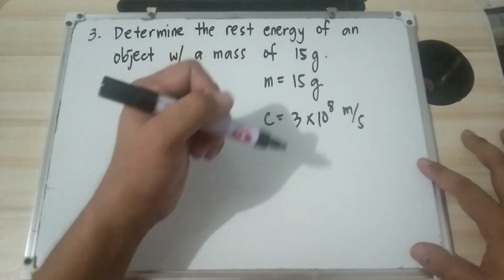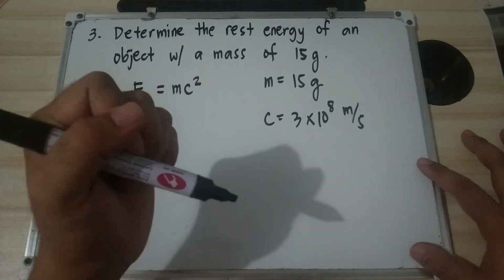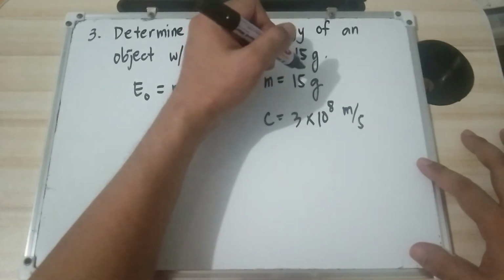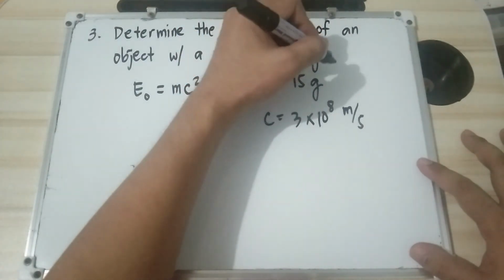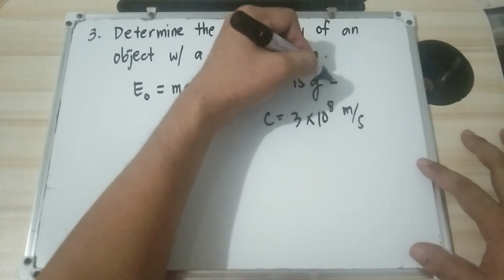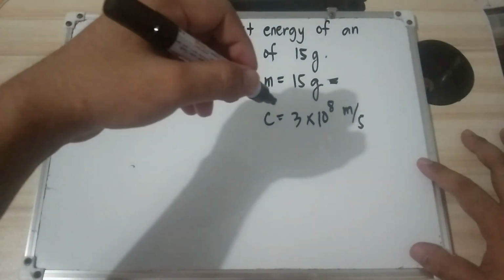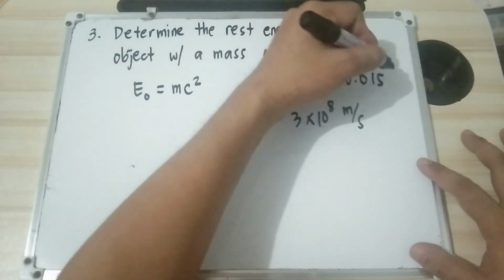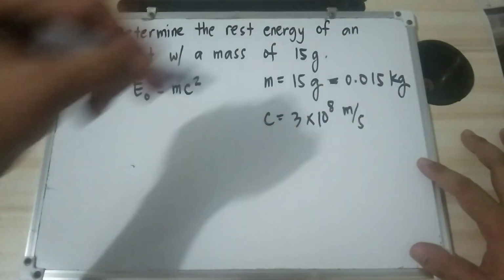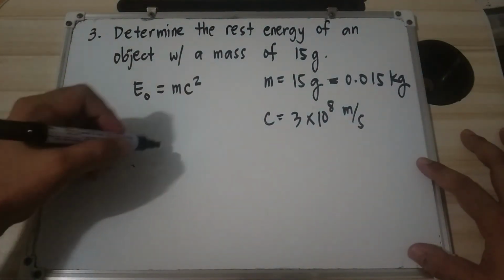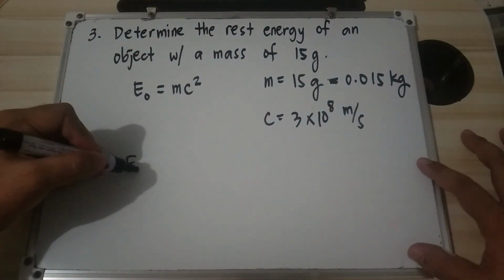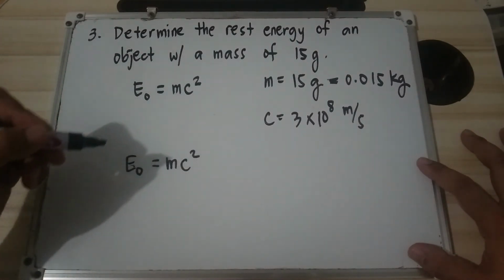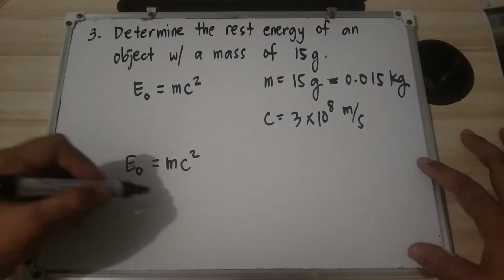Okay. And take note, 1,000 grams is equal to 1 kilogram. So to convert this to kilogram, 15 divided by 1000 is equal to 0.015 kilogram. Then let's plug in the equation, in the formula, E sub O is equal to mc squared.